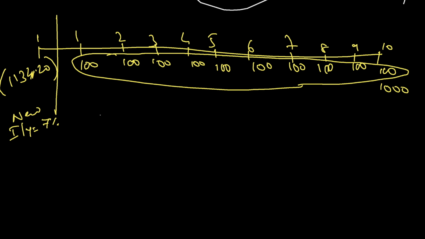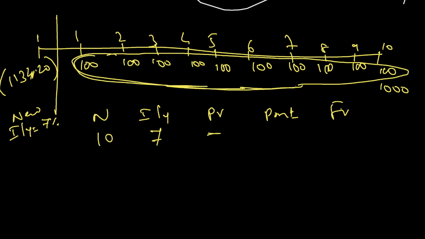Let's see how. So N, IY, present value, payment, and then future value. So N was 10 times. I'm going to reinvest at 7 percentage. Present value is nothing because I need to find out the future value of all this payment. Payment is minus 100.